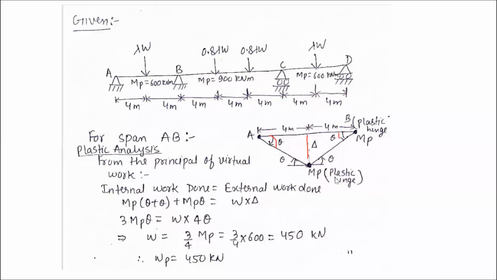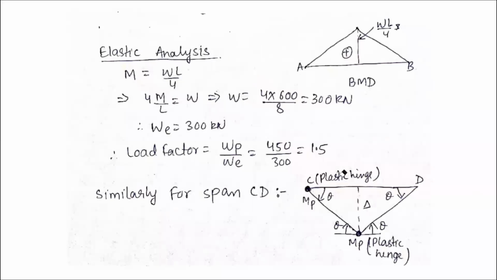Then next, sa elastic analysis naman, draw tayo ng figure dito. Itong point na to, siya yung work over 4 WL. Then, ang formula natin ng elastic analysis is M is equal to WL over 4.